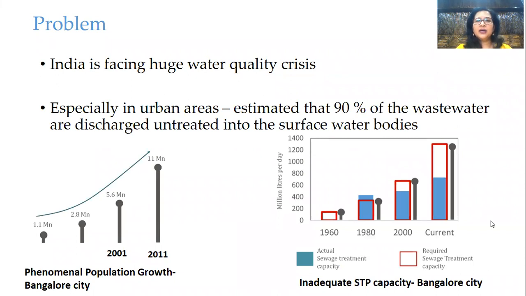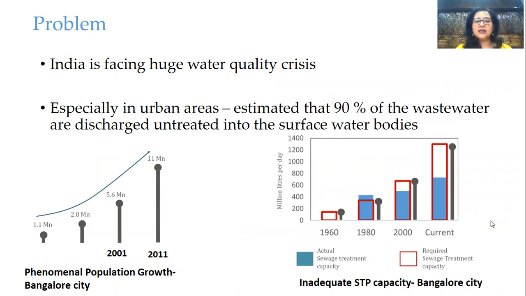So, giving you a little bit of context of the problem, India is facing a huge water quality crisis, and one of the reasons for this crisis is that 90% of our wastewater is discharged untreated into our surface water bodies.